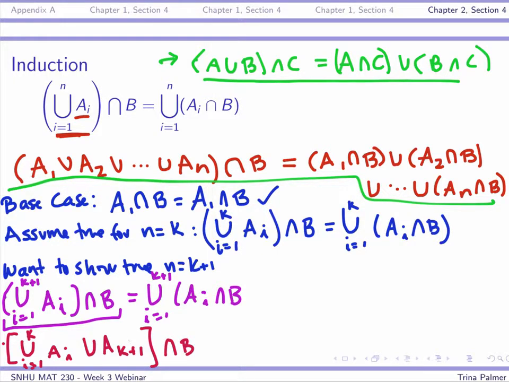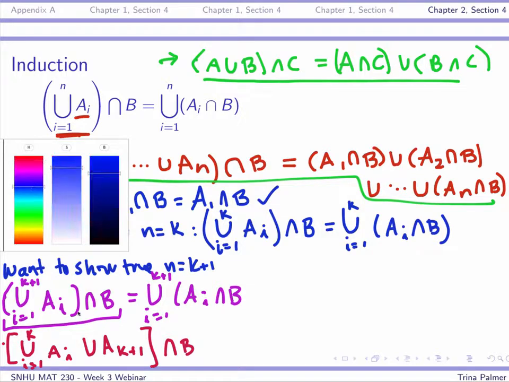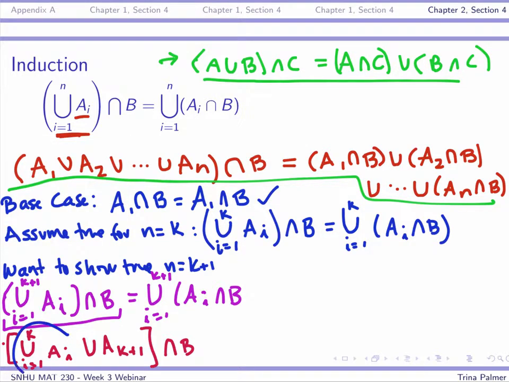So now I have two sets. I have this union, and I have this A k plus 1. So now I'm going to apply the green theorem I have at the top, because I have just two sets. I'm going to distribute the intersection across.